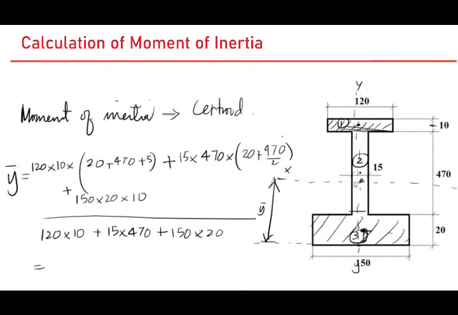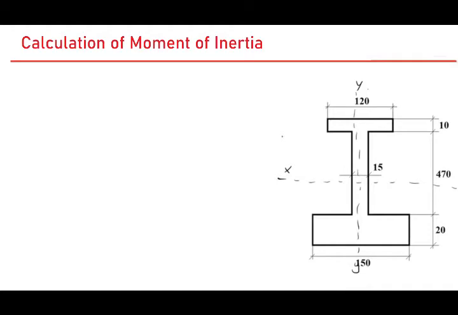In the x direction, you already know where it is. It is exactly in the middle. So you get this value as 215.26. Now you can call this y bottom. To get the y top, y top is just the total height minus the y bottom, and you get it as 284.74.